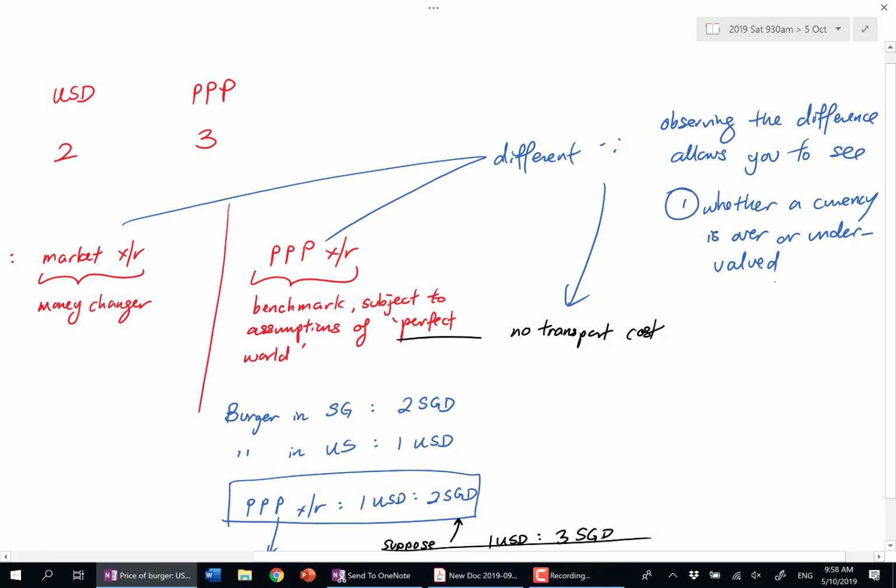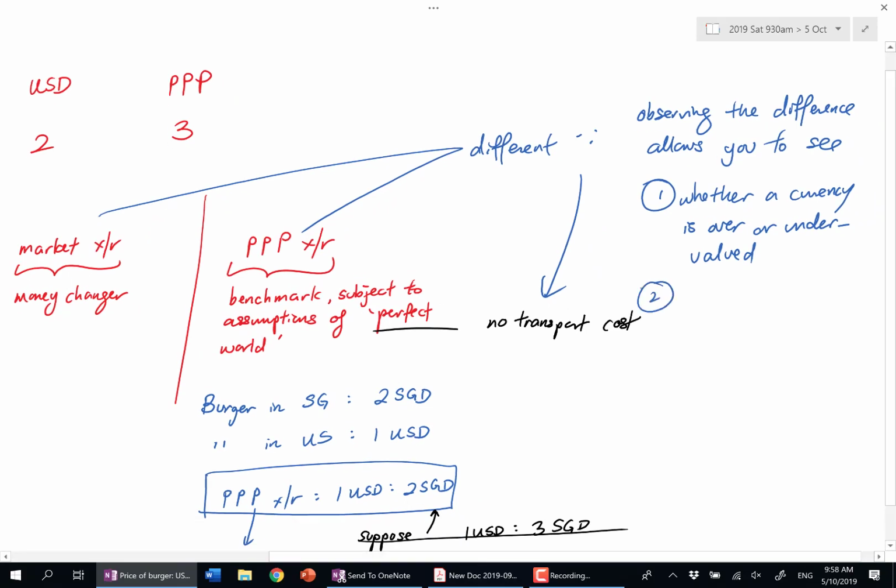It's a bit like comparing a firm with the PC model, then you know whether this firm is overproducing or underproducing. That's the purpose of a benchmark. And it also allows you to see difference in the cost of living.